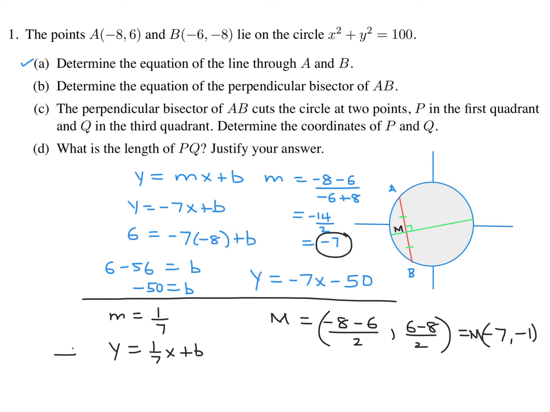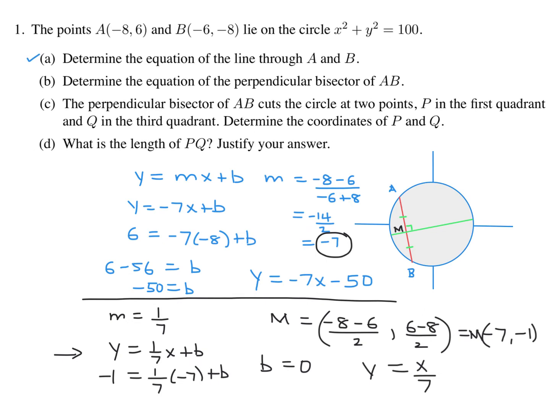So substitute that into here. When y is -1, x is -7. And therefore, what's that? B is 0. Okay. So that means the equation is y is equal to x over 7, this green line part. That takes care of part B.